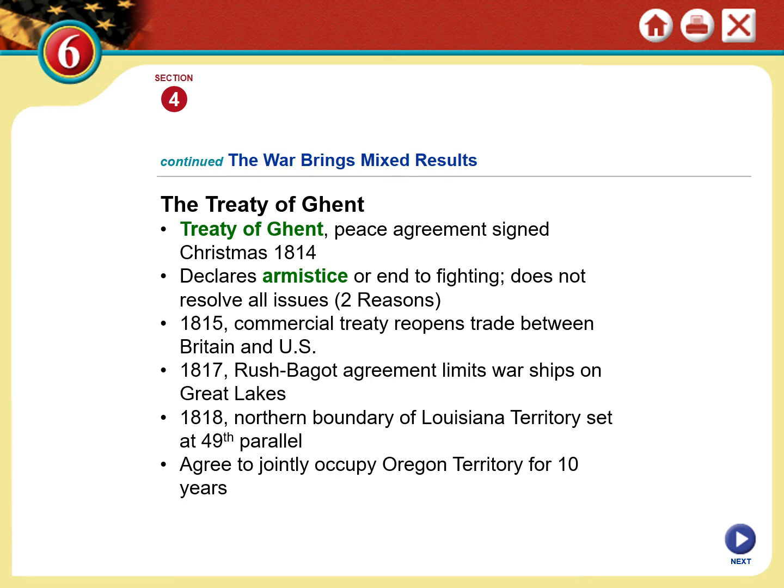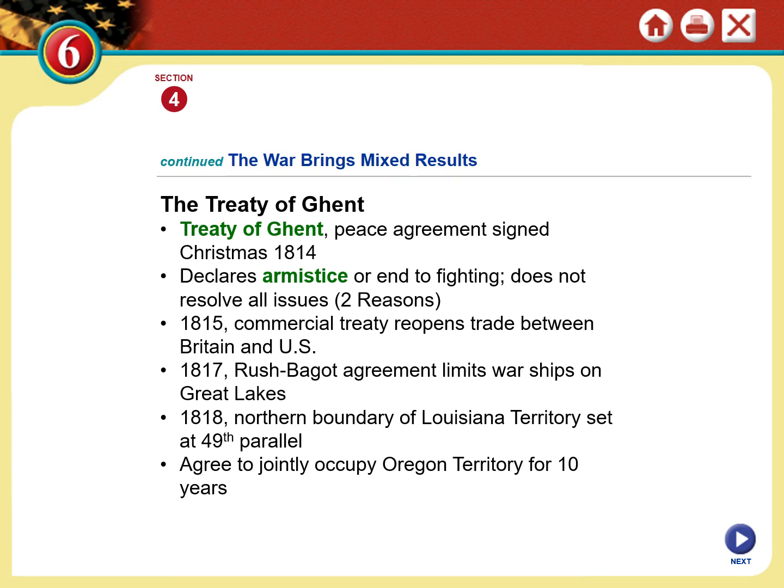They still maintained a small standing army on the Great Lakes because that was the U.S. border with Canada, and after all, we had invaded Canada during this war, and Canada was still a British territory. And then also it was agreed upon that we would have a northern boundary of the Louisiana Territory. It was set at the 49th parallel, and so that is now the northern boundary of the United States.